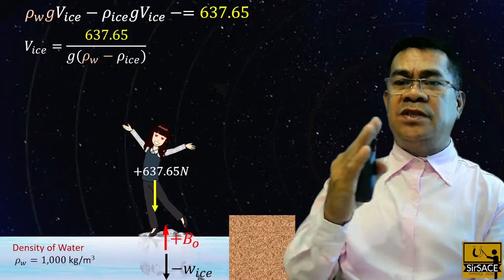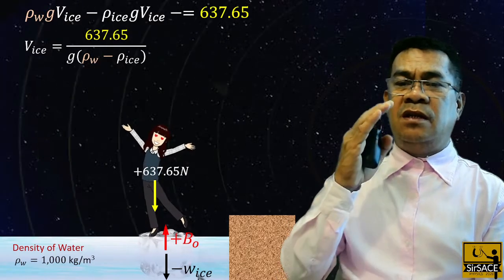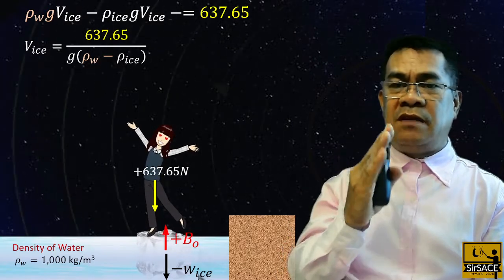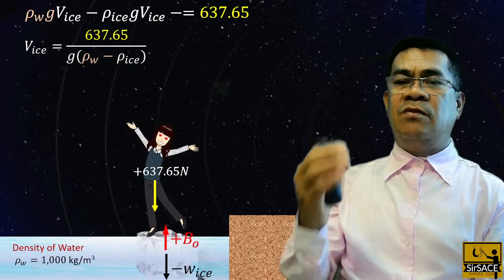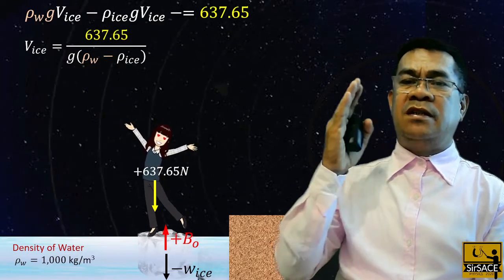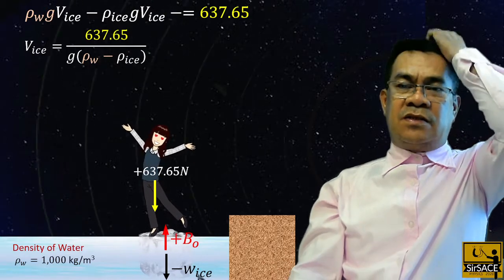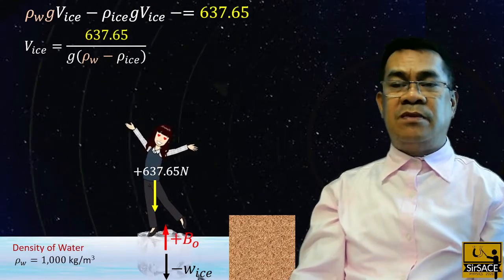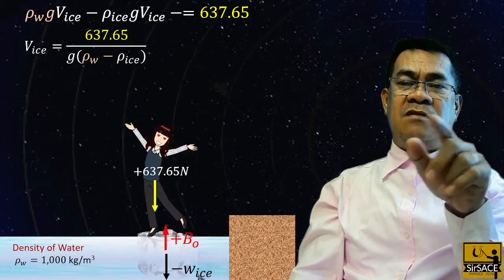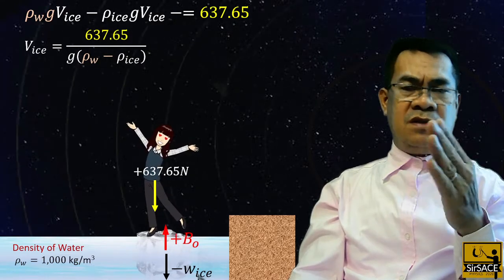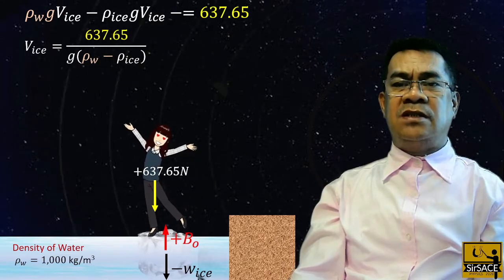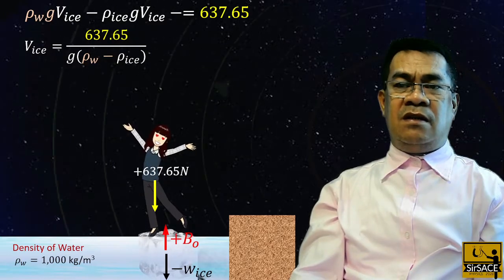So we have rho g minus rho ice times g. So the common factor is the volume of ice and the gravitational acceleration. Then after that, divide both sides by g times the quantity, the density of water minus the density of ice. Then we have that.